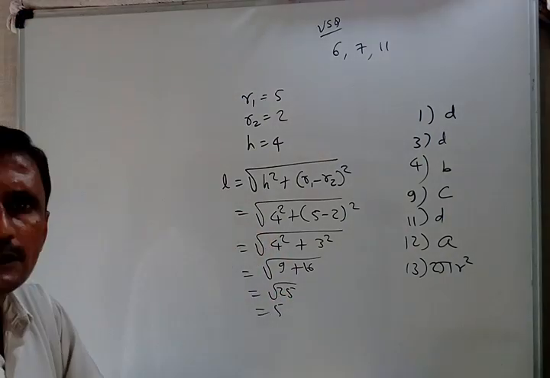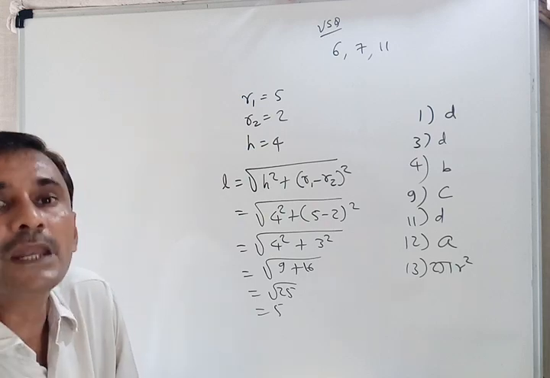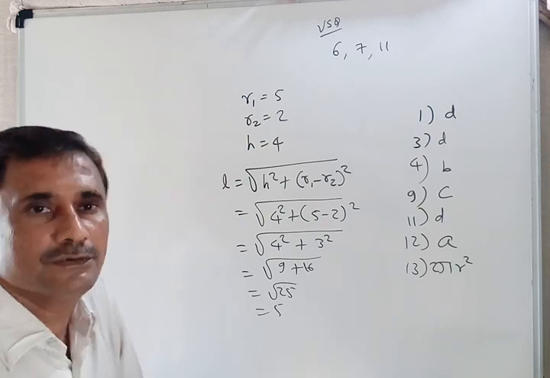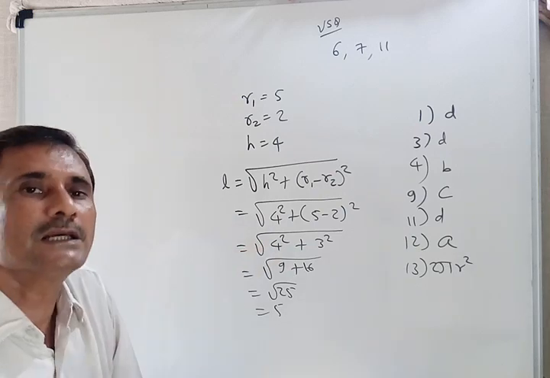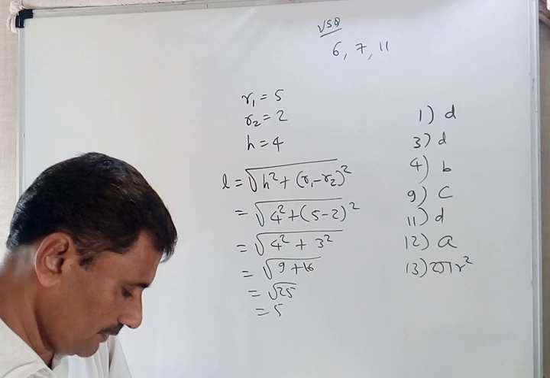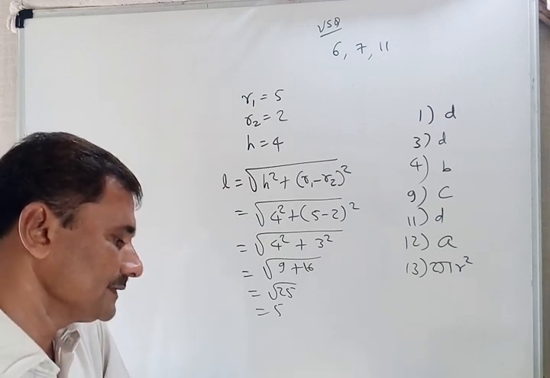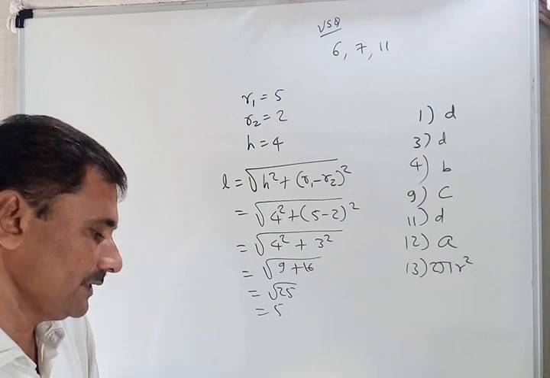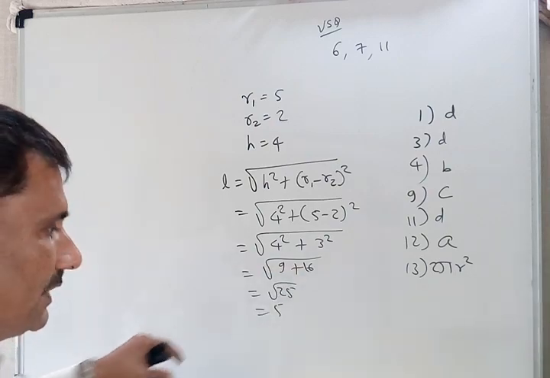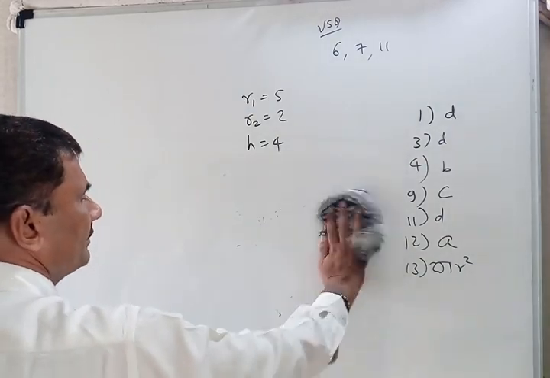So a simple sum. We use this formula many times for finding area whenever l is not given. But here l is specially asked for 1 mark. Okay. Now number 15. 1 hectare is equal to how many meters square? Then you have to remember.